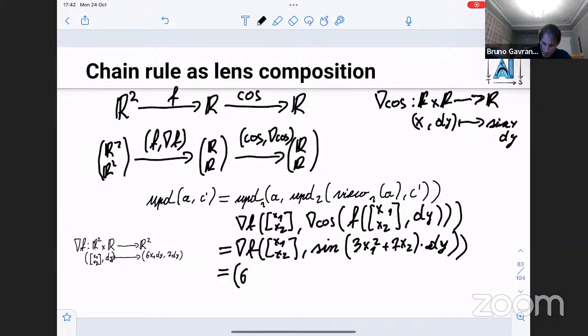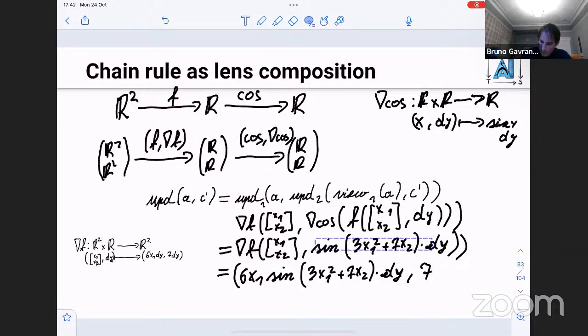Basically, we're going to get 6x1 times dy, and now dy is this. So we're going to get 6x1 times the whole thing. And the second element is going to be 7 times the whole thing, which I'm just going to put here because there's not enough space.